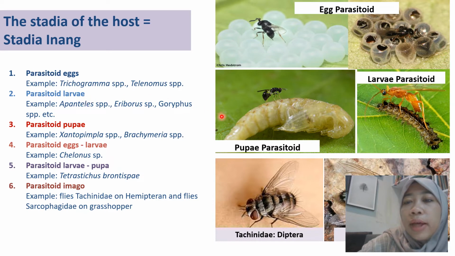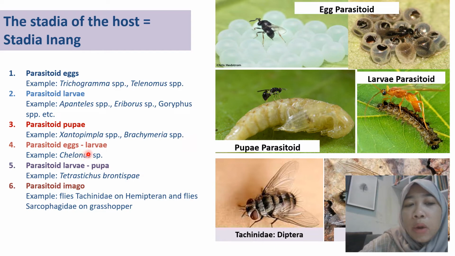The larval parasitoid will parasitize only in the larva phase. The pupal parasitoid is the same, only parasitizing in the pupa phase. For example, Xanthopimpla for pupae, Trichogramma for eggs, Apanteles for larvae, and egg-larval parasitoid. It means that parasitoid can parasitize both in the egg phase and in the larva phase.